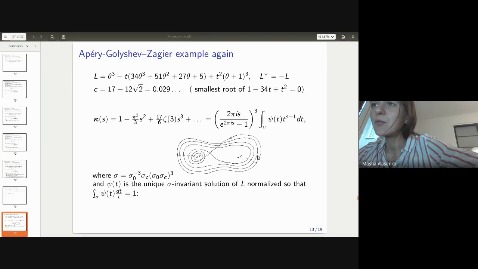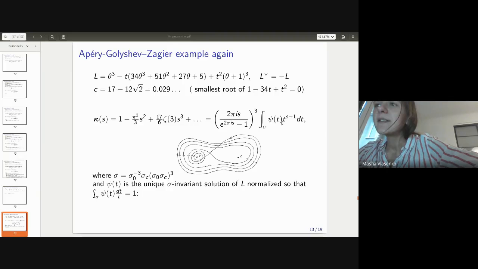So it's a closed loop, which makes the function t to the s have no monodromy around it, because we went as many times in this direction around 0 as in the other direction.